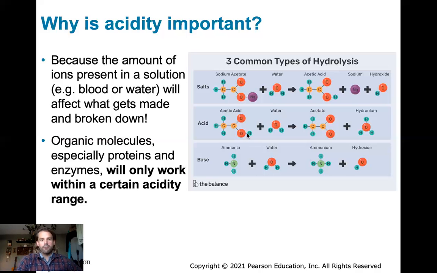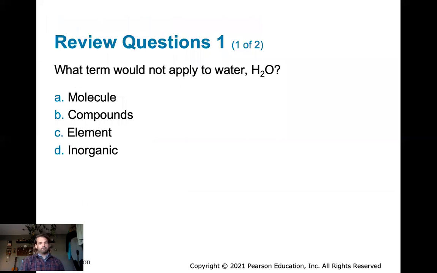So these different conditions will encourage these chemical reactions, right? These are just ways to start thinking about why acidity is important. In a base situation, where alkalinity is high, maybe these acidic reactions don't occur, okay? And vice versa. And so keeping that balance is critical for things that are living.